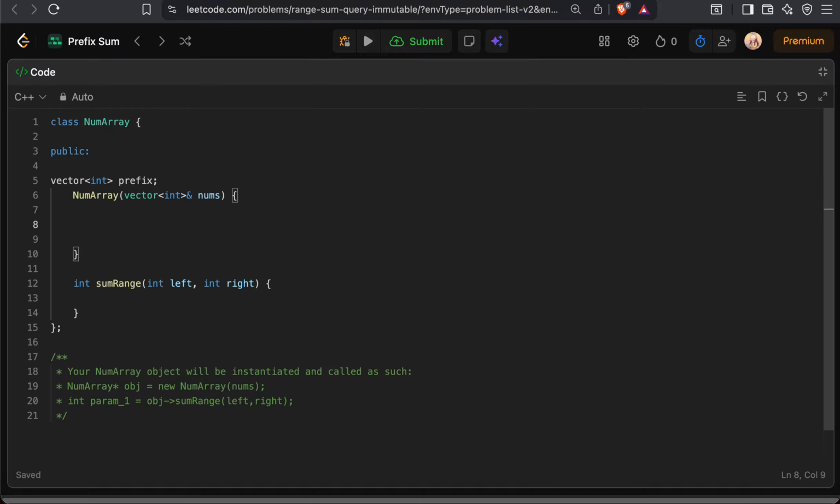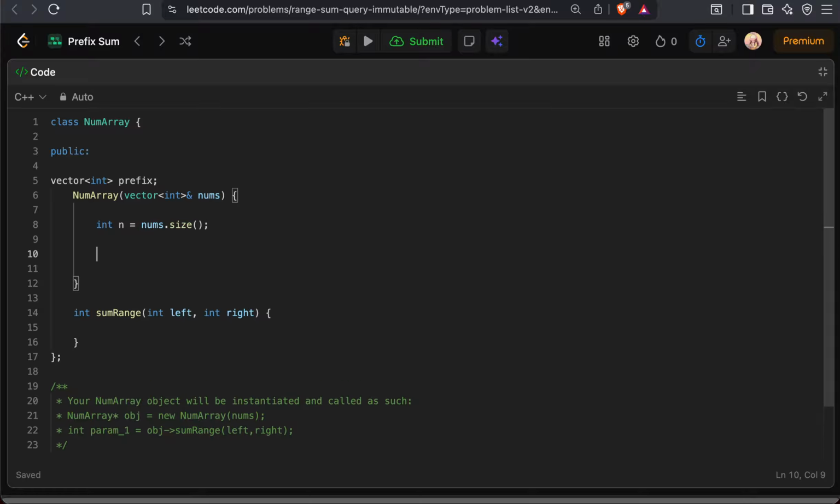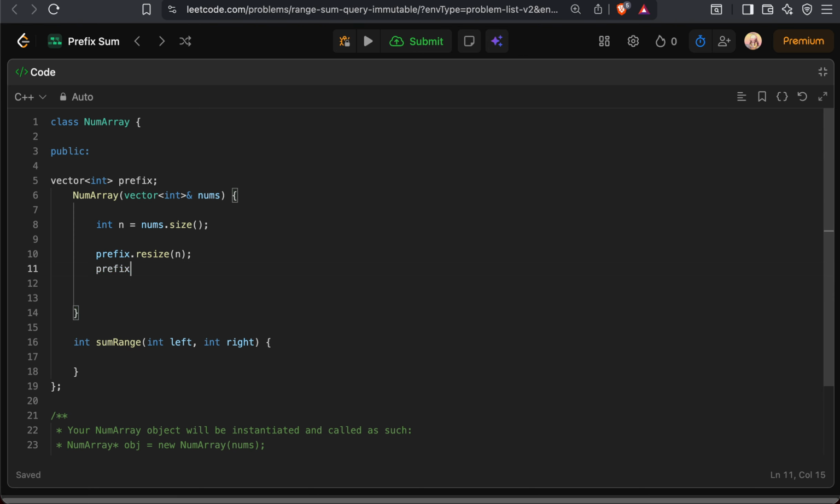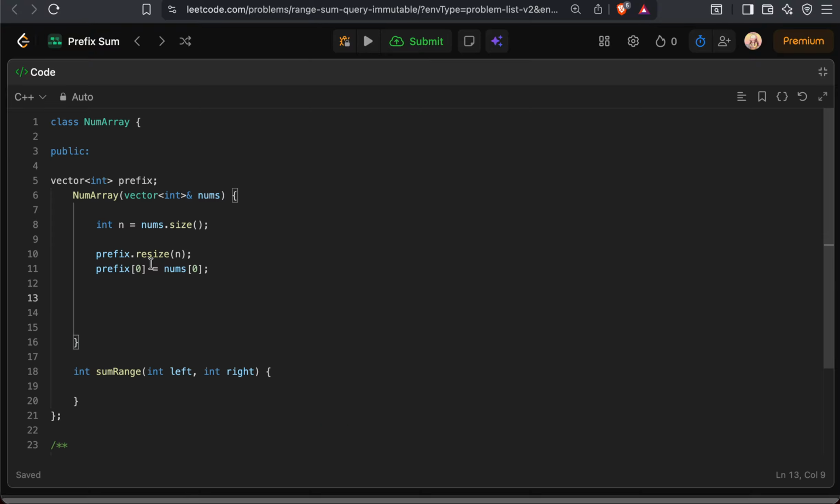So int n is equal to nums dot size. prefix dot resize n. prefix of 0 is equal to nums of 0, this is the first element.